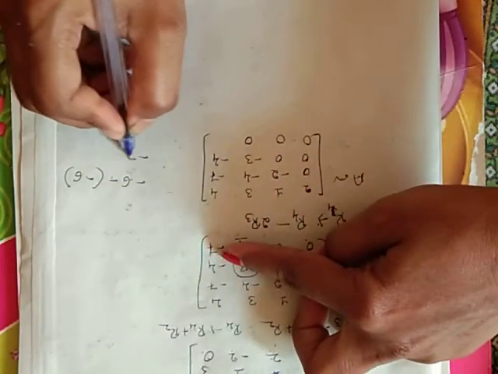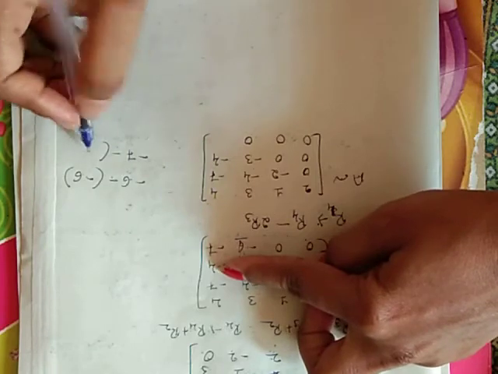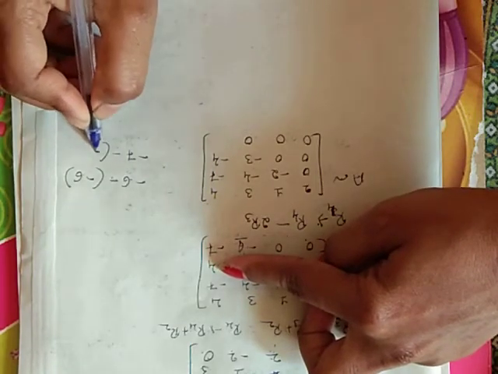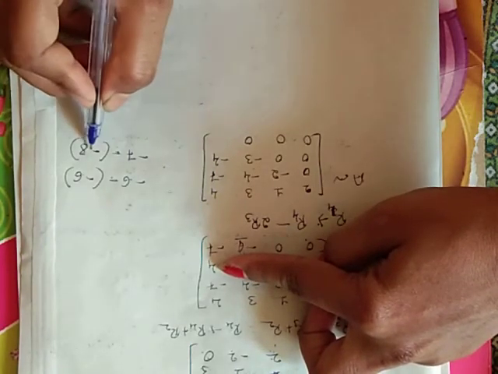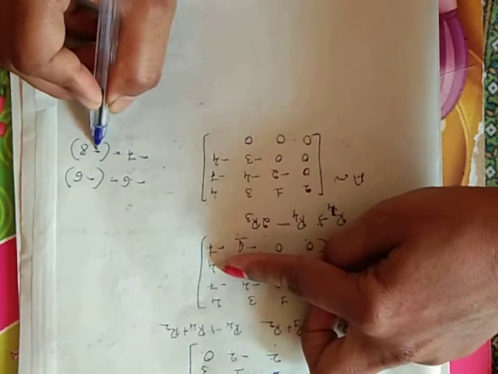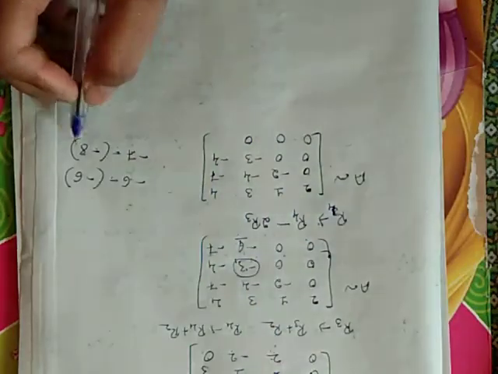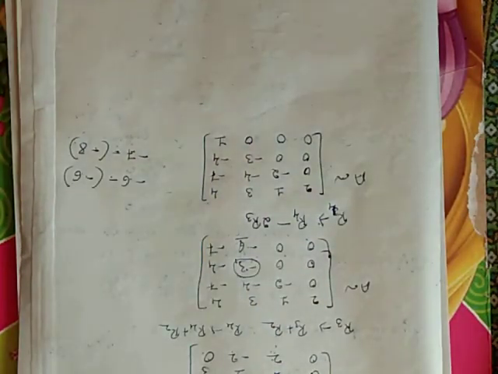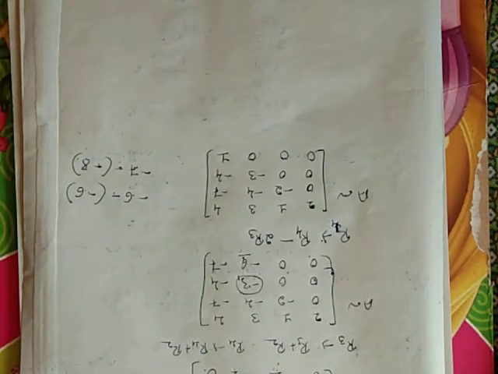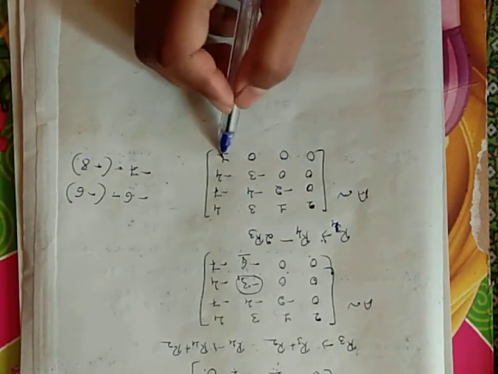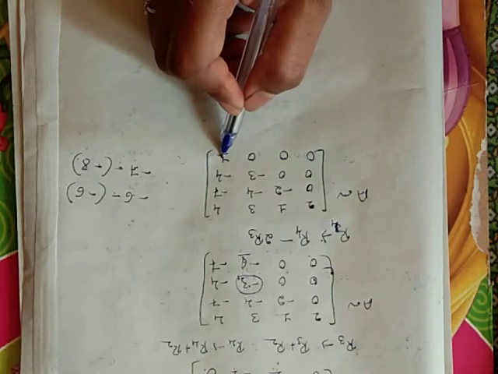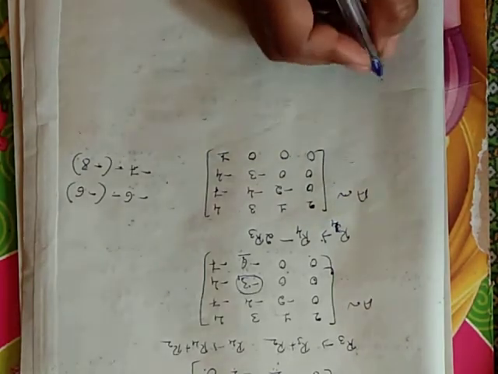Now minus 7 minus 4 into 2, minus 8, minus of minus plus 8, minus 7 plus 8 becomes 1. There is no further row below the fourth row, so we stop the procedure here.